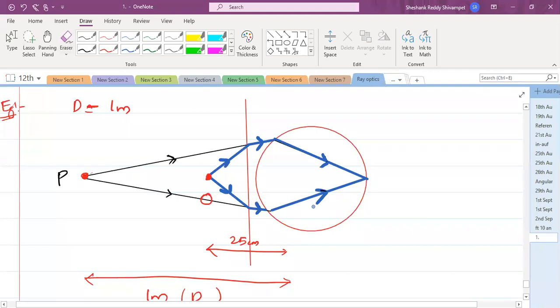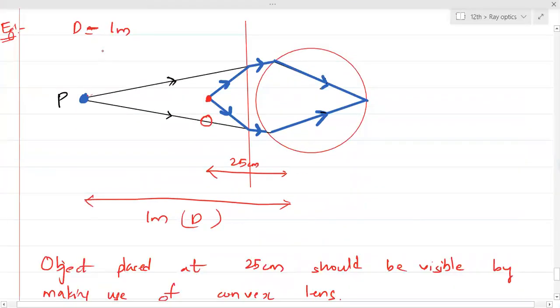If the rays after passing through the lens are refracted in this way, then its image will be at P. So for our eye, what will the object be? According to the diagram, for the eye, the object is P, which is visible.